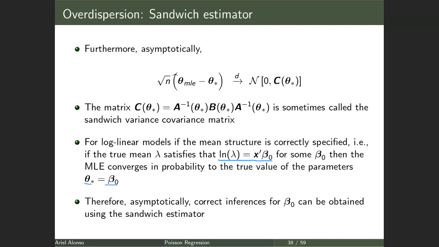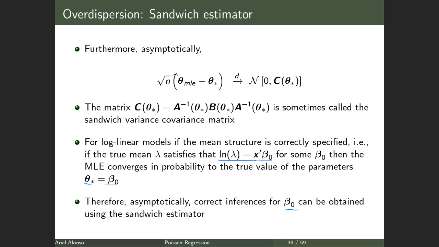And then, even though the distribution part may be incorrect, that's for instance what happens if you have overdispersion, because if you have overdispersion, the distribution of the data cannot be Poisson, because in Poisson, the mean and the variance have to be equal. But that's okay. If you specify the mean correctly, then you can make inference for beta 0, even if the distribution part is wrong.